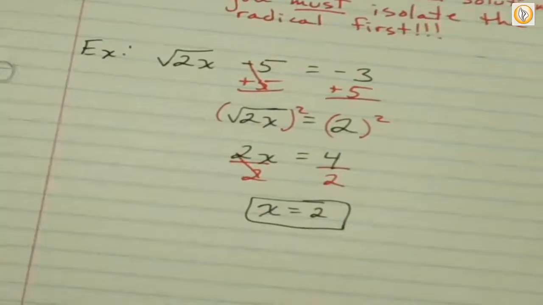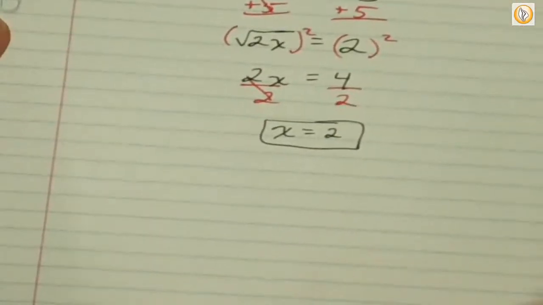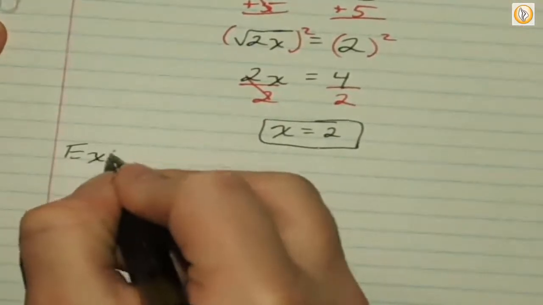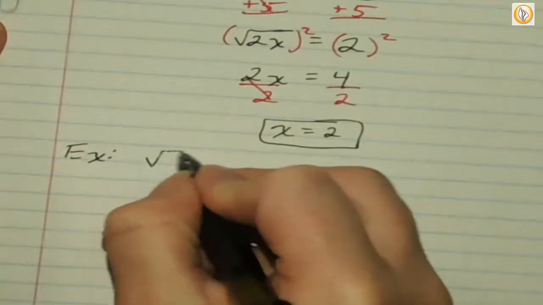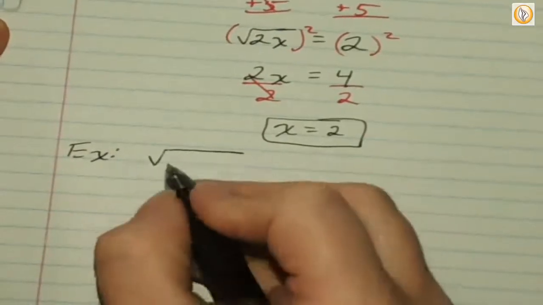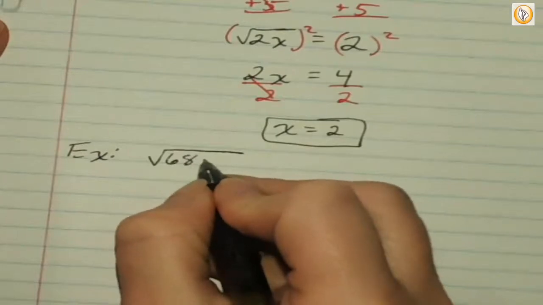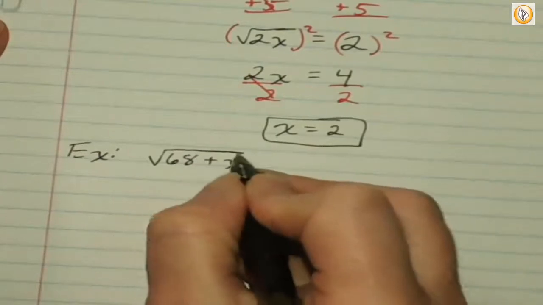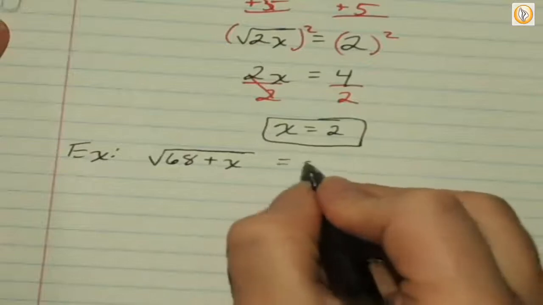Any questions? All right, let's take it up a notch. Square root of 68 plus x, all under the radical sign, equals 8.